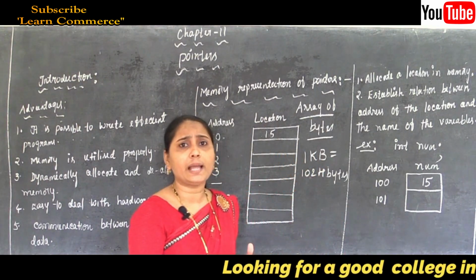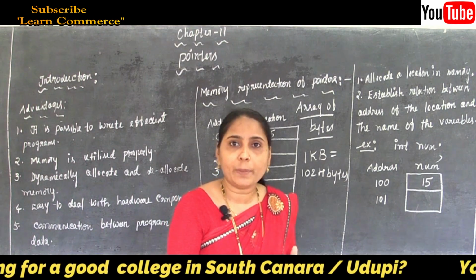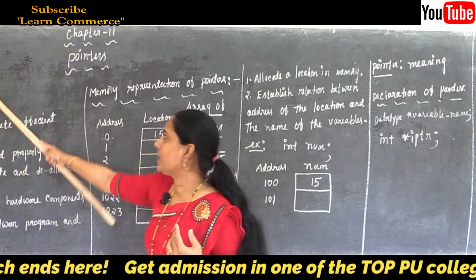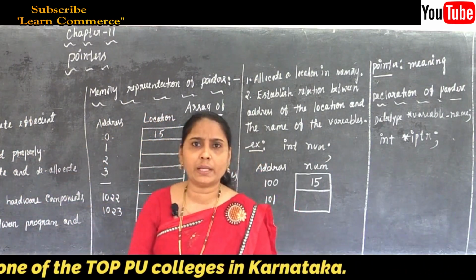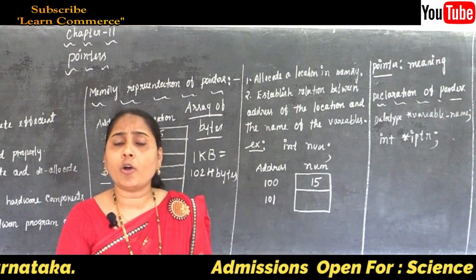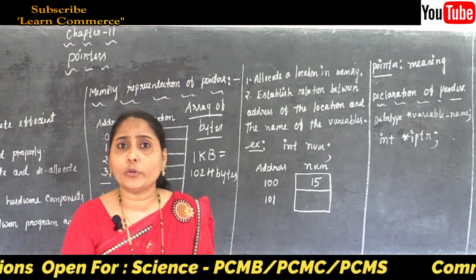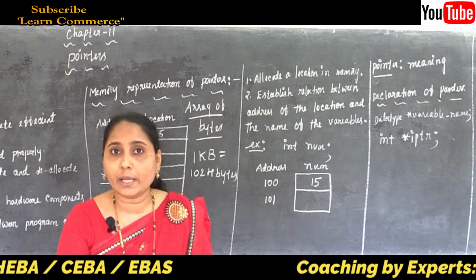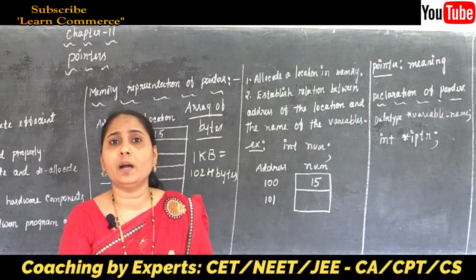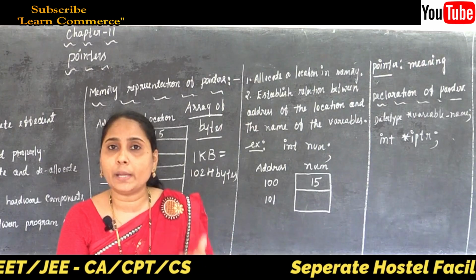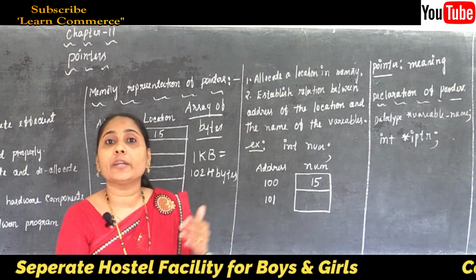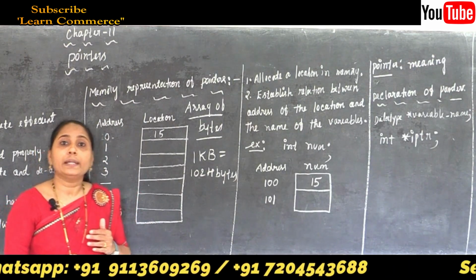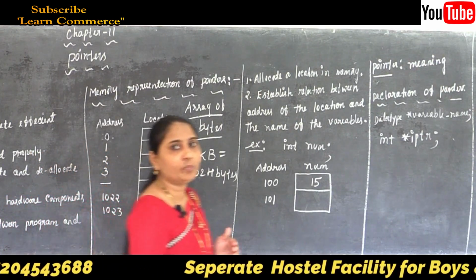But we also know that variables are declared before they are used in a program. I already said in our introduction, whatever variable you want to use in a program, first of all we need to declare such variables. The same thing I repeated here. Variables are declared before they are used in the program, and the declaration of the variables tells the compiler to perform the following.